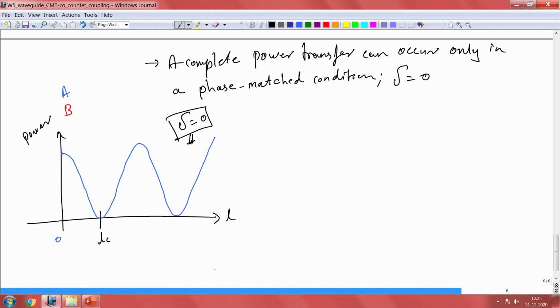The next high will happen at 3 LC, and 5 LC and so on. So, at the odd multiples of LC you will get power flow.